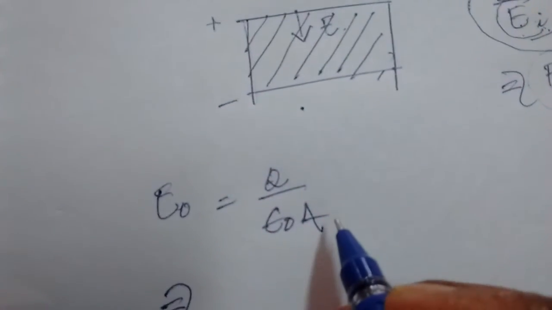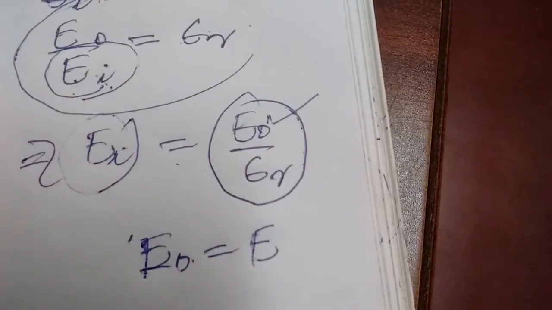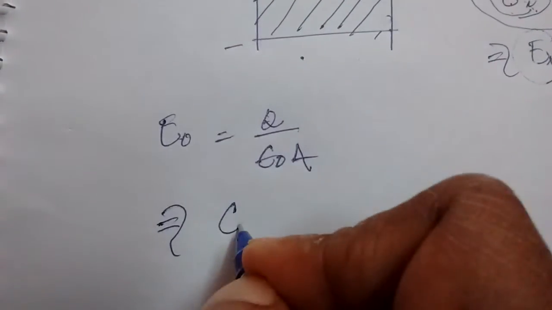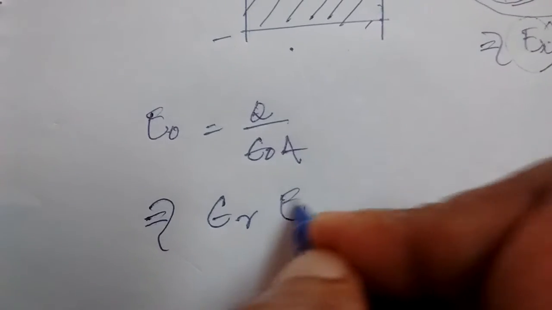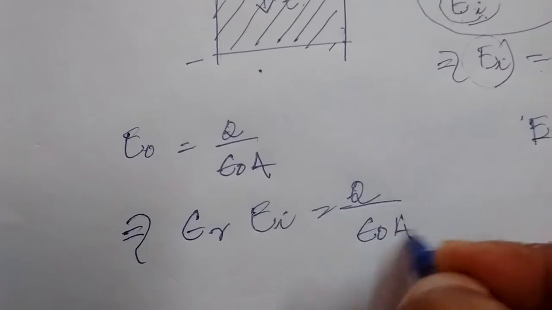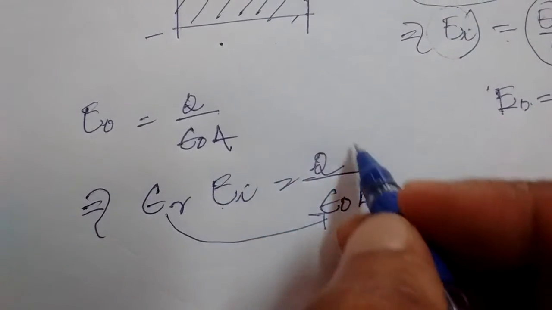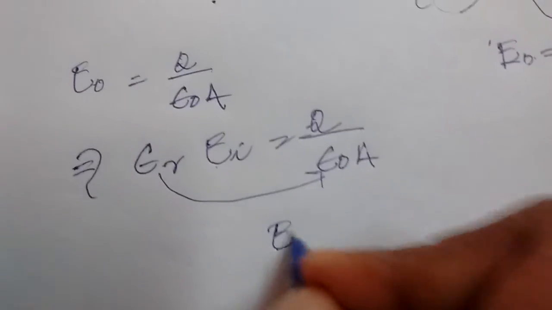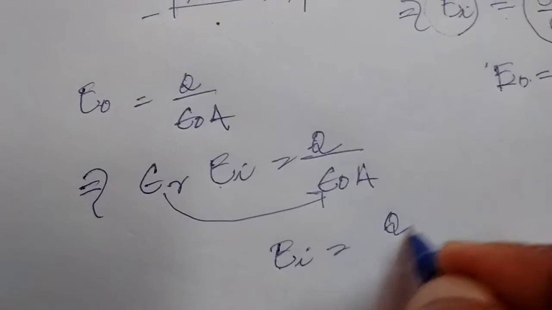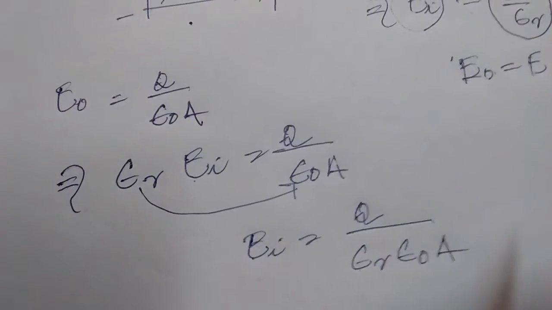E naught is equal to epsilon r EI. So epsilon r EI is equal to Q by epsilon naught A. And if you transfer this epsilon r to the right side, EI is equal to Q by epsilon r epsilon naught A.